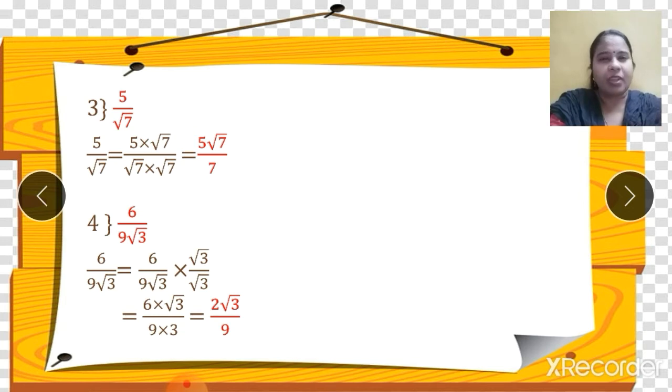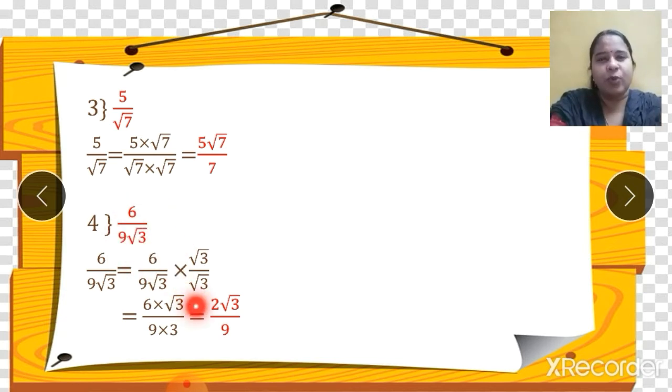Okay. Now see the next one. This is an important one. 6 upon 9 root 3. Why important? Because many will immediately multiply this also with 9 root 3. But wait. Is 9 a rational or an irrational number here? It's a rational number. No need to rationalize a rational number again. No need of this 9. I want to get rid of only this root 3.